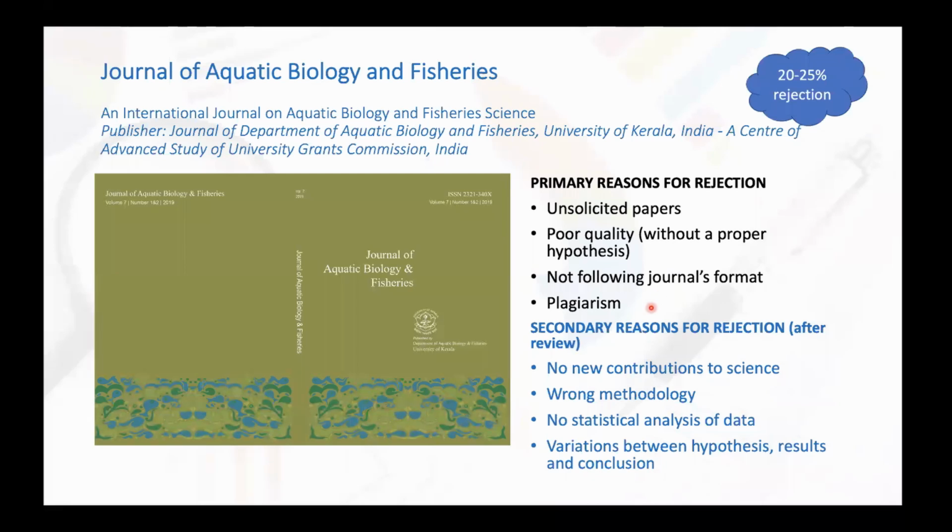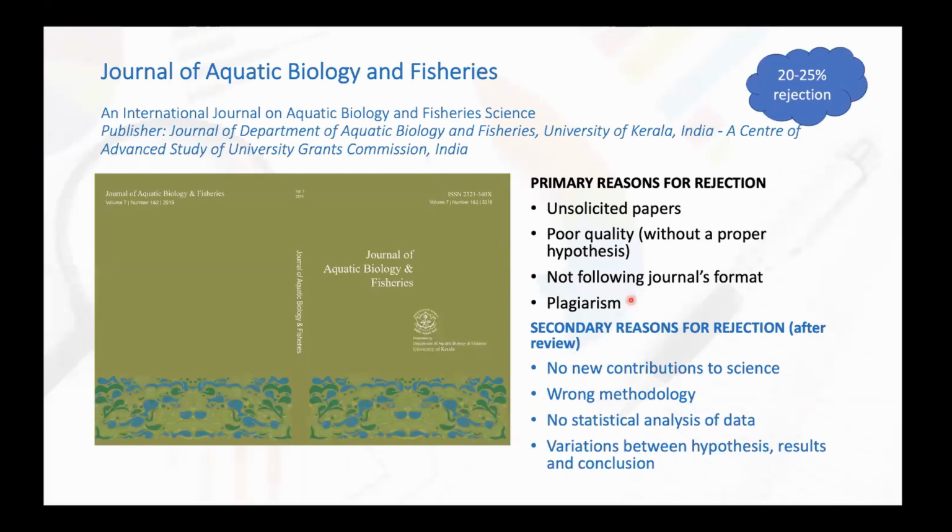Another reason which I see quite often is plagiarism. There are 2 different kinds of plagiarism. One kind, as you are aware, is copy and pasting from some other journals. Sometimes you may copy an idea but never give credit to that journal, or you miss the reference and give another reference there.